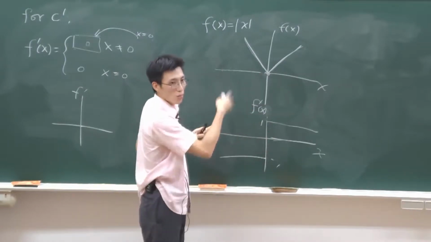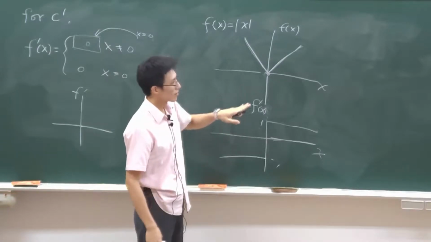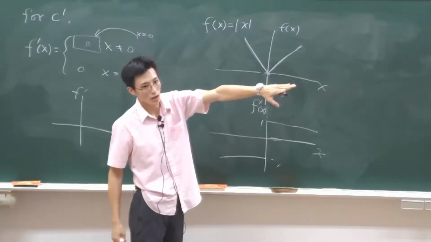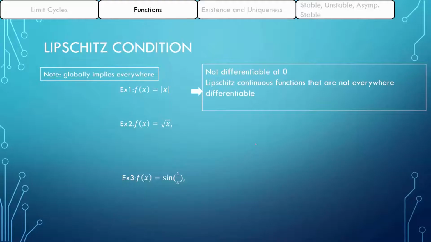As long as the slope doesn't go to infinity, the condition will hold. Okay, so it should not be hard to imagine. What will I conclude for example 1? A function being Lipschitz doesn't imply it's continuously differentiable. This function is Lipschitz, but it's not differentiable everywhere.